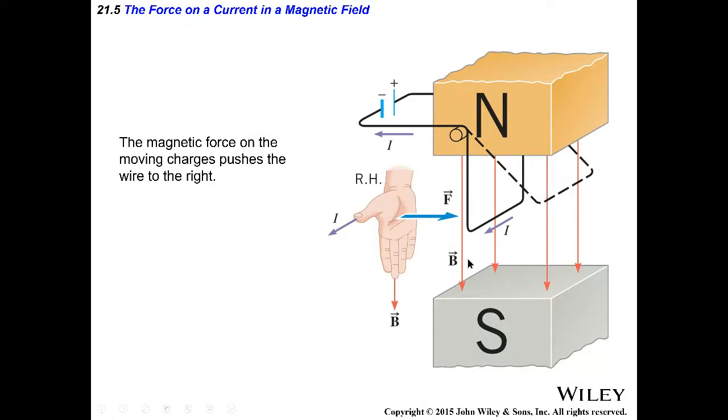Because they want the magnetic field to force this loop to go upward, so that you force this circuit, the loop, to respond to the magnetic field by going upward.